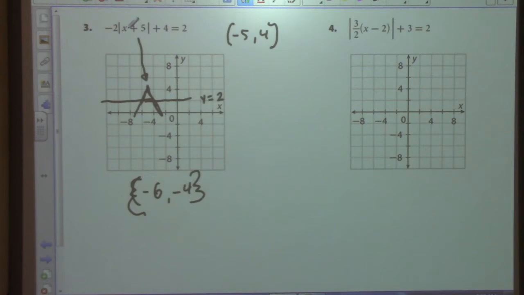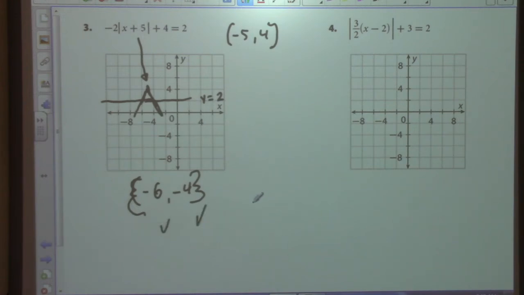If we put in -6, we get -6 plus 5, which is -1, and -1 made positive is 1. -2 times 1 is -2, plus 4 is 2. That checks out. If we put -4 in here, we also get 2, so that checks out. So these are good, right?